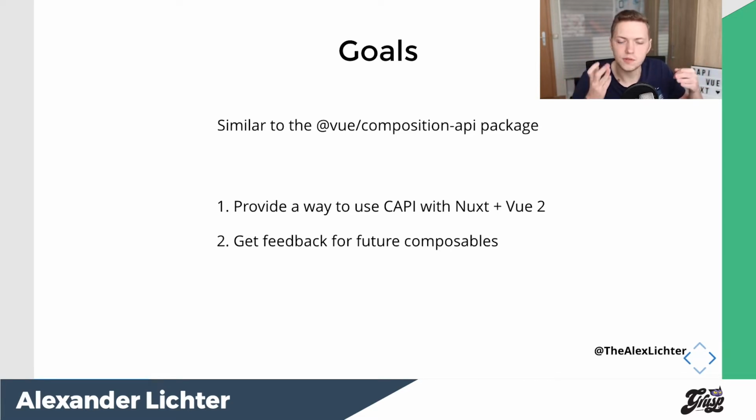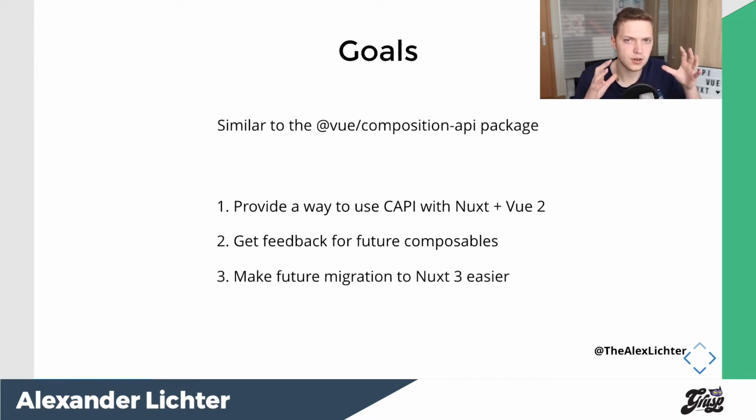Again, you can experiment with the API, and if you think, I have to build this specific composable in almost all my projects on my own, maybe we could include it in the core. Maybe other people have that issue as well. So yeah, feedback is very important here. Also, figuring out how to use composables with server-side rendering in an SSR framework.